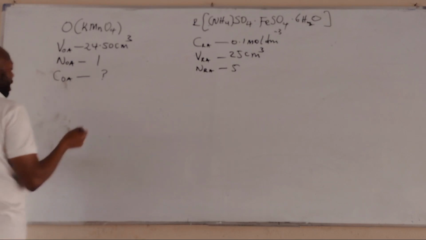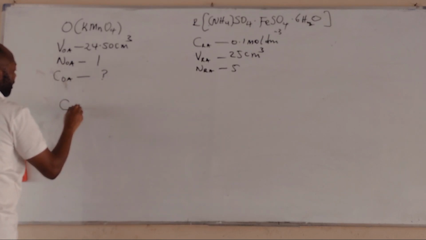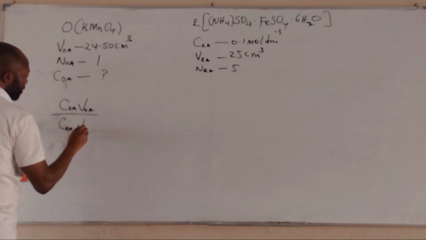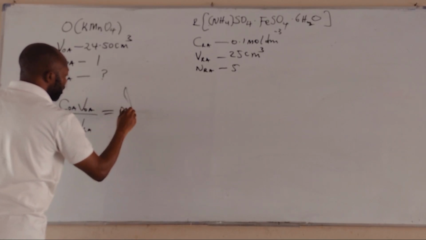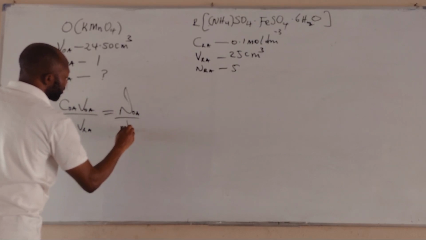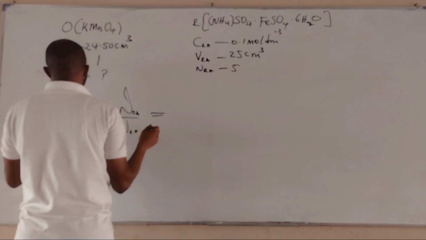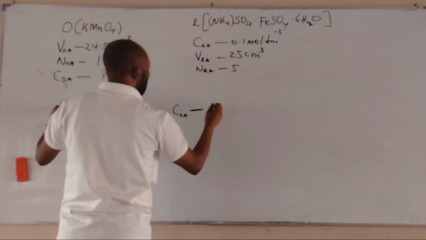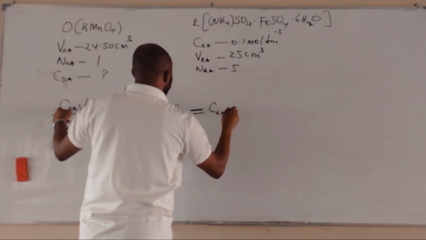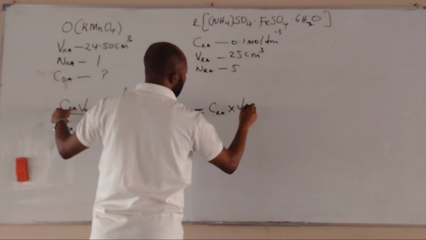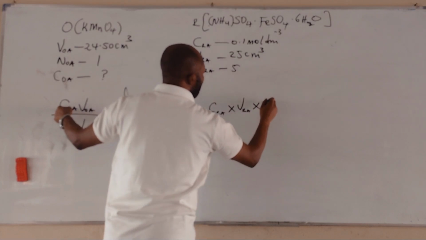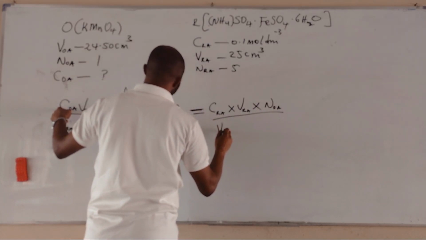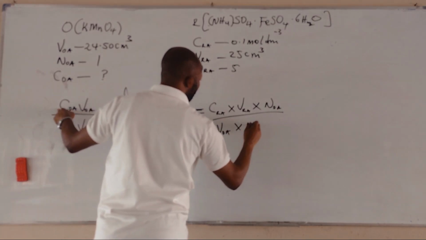So to do that, we have our formula: concentration of oxidizing agent times volume of oxidizing agent over concentration of reducing agent times volume of reducing agent is equal to number of moles of oxidizing agent over number of moles of reducing agent. So concentration of oxidizing agent is equal to concentration of reducing agent times volume of reducing agent times number of moles of oxidizing agent over volume of oxidizing agent times number of moles of reducing agent.